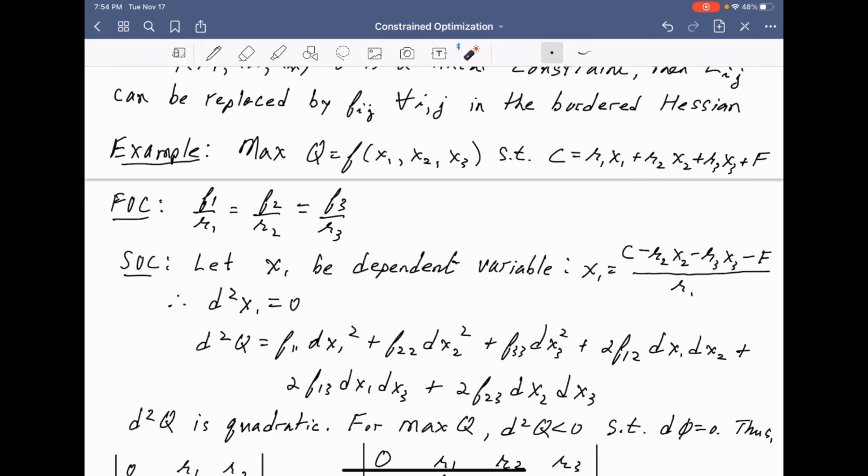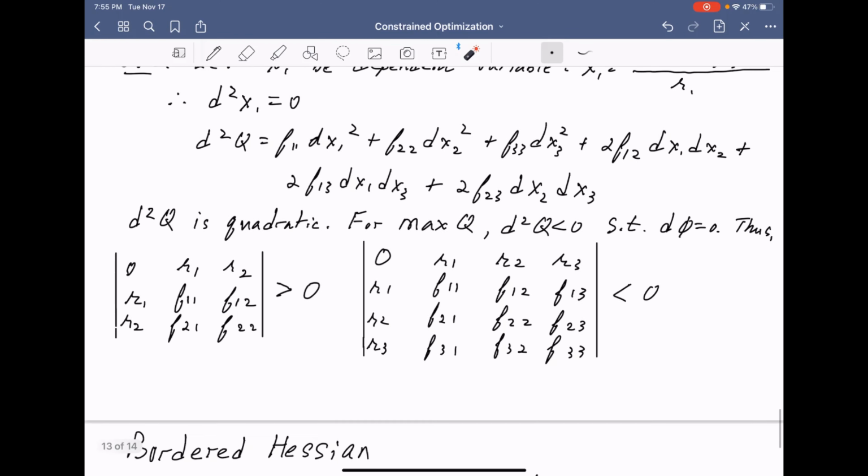The second full differential of this function with respect to x1 is equal to 0. d squared q is equal to f11 dx1 squared, plus f22 dx2 squared, plus f33 dx3 squared, plus 2f12 dx1 dx2, plus 2 times f13 dx1 dx3, plus 2 times f23 dx2 dx3. And these 2's are there because the matrix is symmetric.